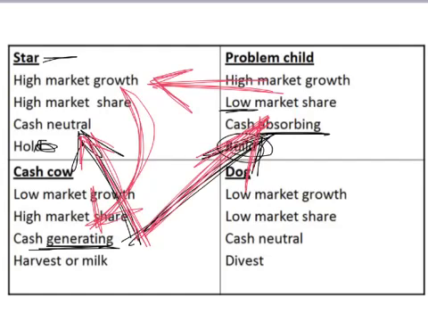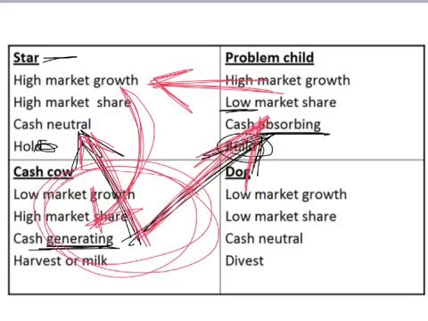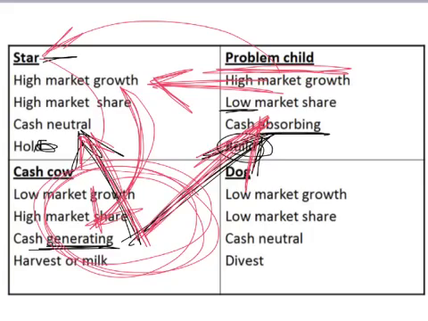So that's the bonus of having a product portfolio: over time we're not focusing on just this one cash cow, we're not focusing on one product, but we're helping develop problem child products into stars, and we're helping develop stars into cash cows. So by having a varied product portfolio, we're hopefully planning for the future and reducing the amount of risk that we have.